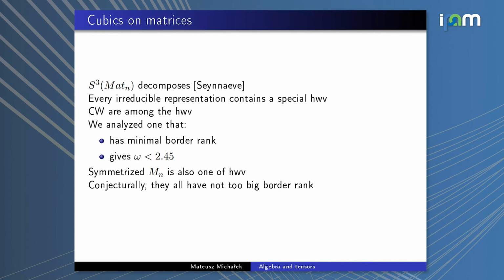And this representation is in fact a finite sum of irreducible representations that do not break into further pieces. Okay, so I look at cubics on n by n matrices and I decompose it. This was done when Tim was still my PhD student. He obtained a complete decomposition.